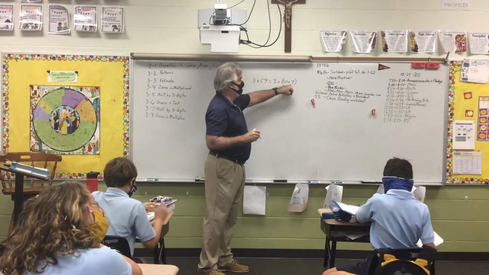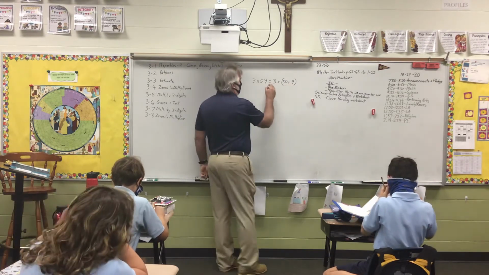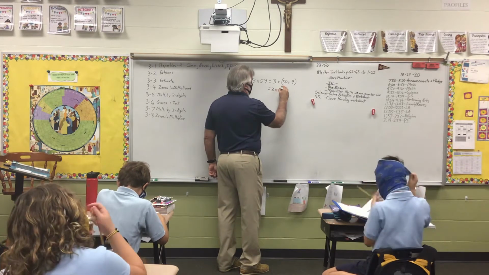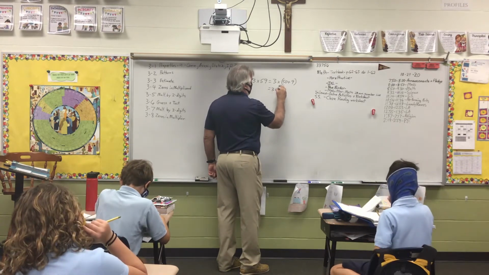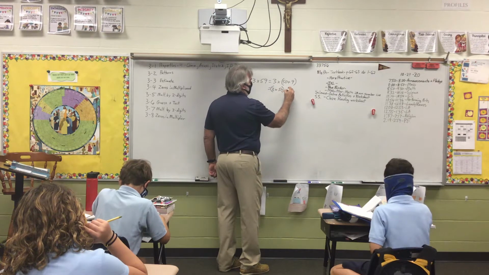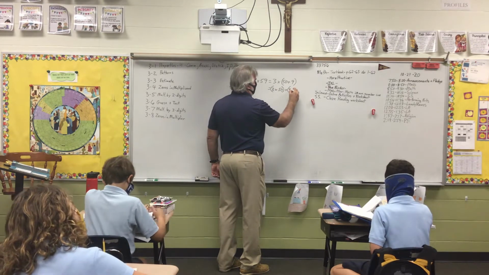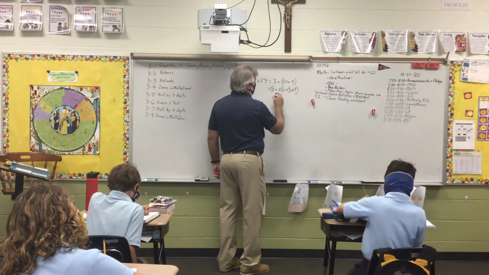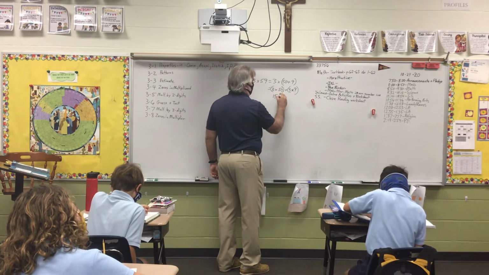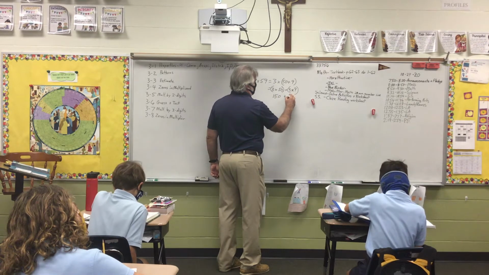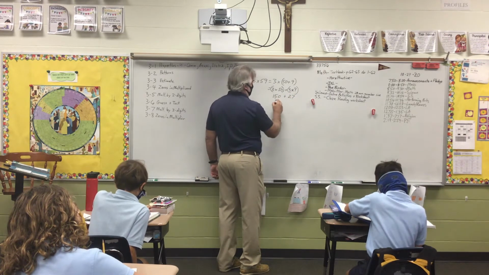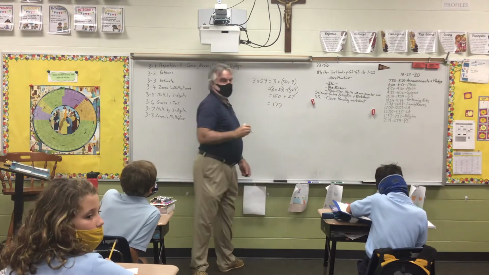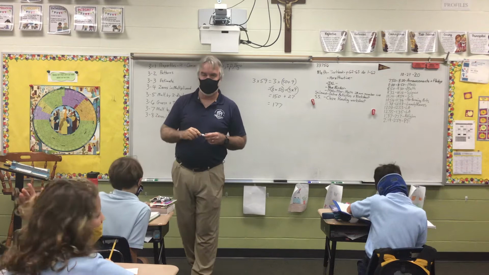This is the 9 ones, so you do the 9. Now you're going to distribute it out. 3 times 50 plus 3 times 9. 3 times 50 equals 150. 150 plus 27 equals 177. Okay? And that's your distributive.